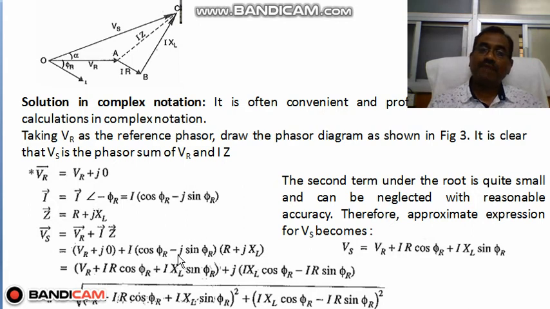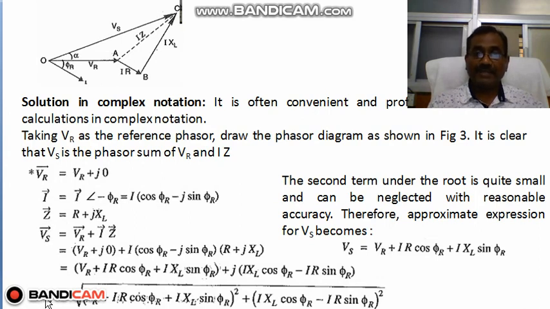So if you solve this, what we get is VR plus IR cos phi r plus IXL sin phi r plus j of (IXL cos phi r minus IR sin phi r). This is the sending end voltage vector.